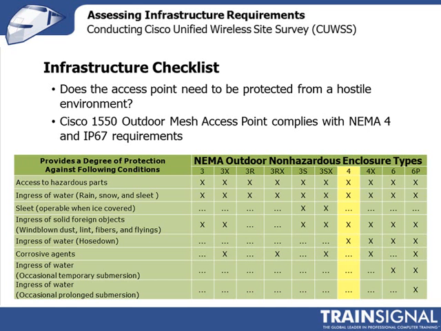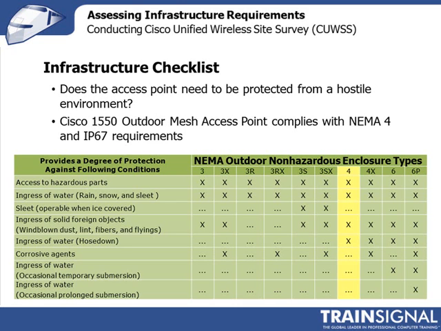One of the first things you want to think about is the environment that the access point is operating in, and whether you need to house that access point in an enclosure. The table below gives a sample of some of the enclosure types that are defined by the National Electrical Manufacturers Association.